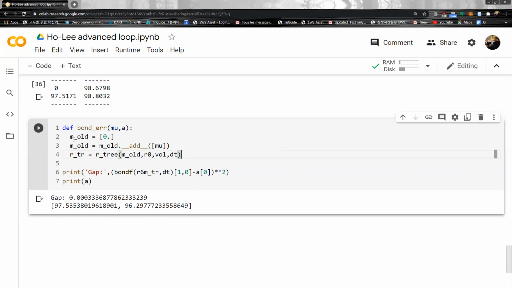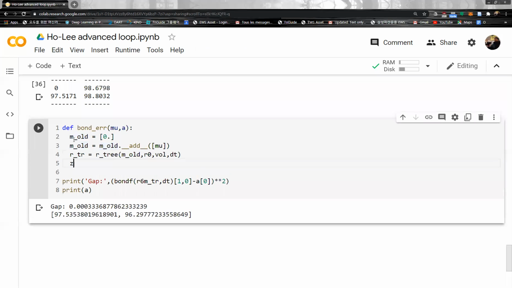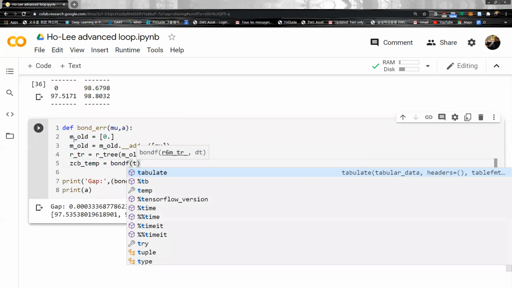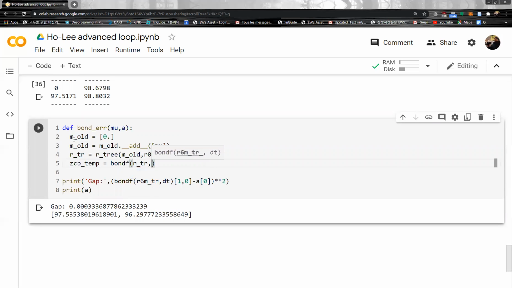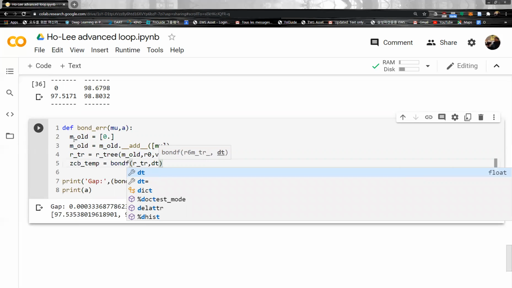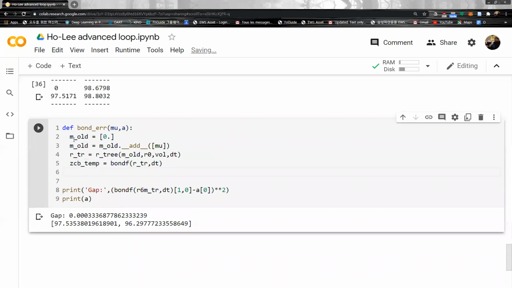Okay. And then given this interest rate tree, we have to generate the bond tree, bond tree temp, let's say, which is the tree of the bond consistent with RTR and then DT, right? And then we want to return this part, actually.